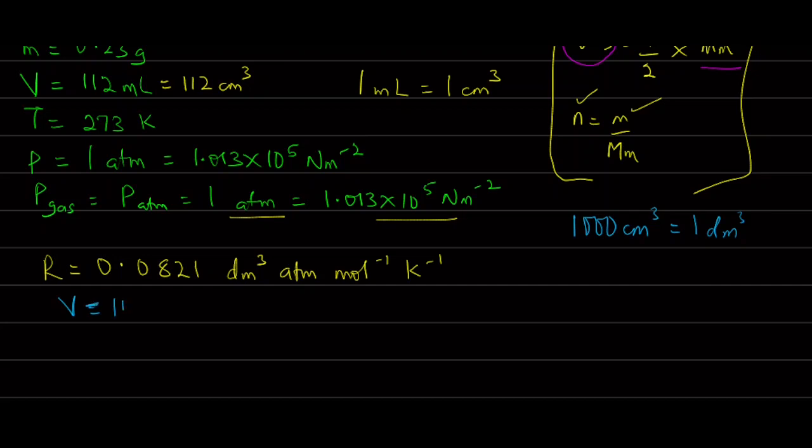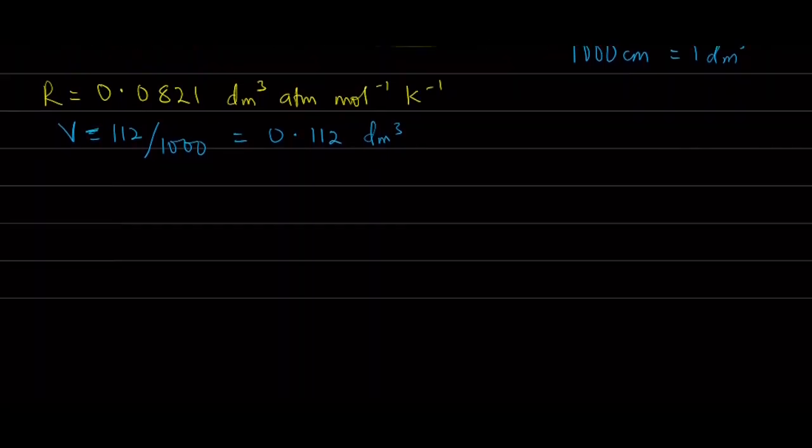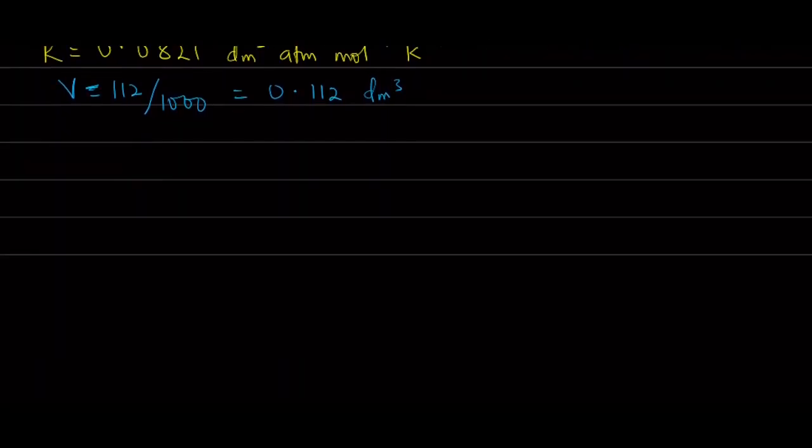That means 112 divided by 1000, and that will give us 0.112 in dm cube. And our pressure is already in atm, so we can solve by using the ideal gas equation, which says that PV equals nRT.